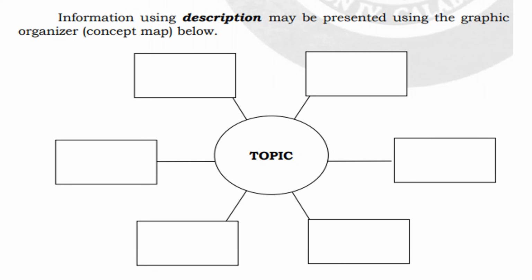Information using description may be presented using the graphic organizer or the concept map below. So let's make an example. Our topic is COVID-19. So we are going to describe or tell something about the topic, which is COVID-19. We're going to give some characteristics or some words so you can associate COVID-19.